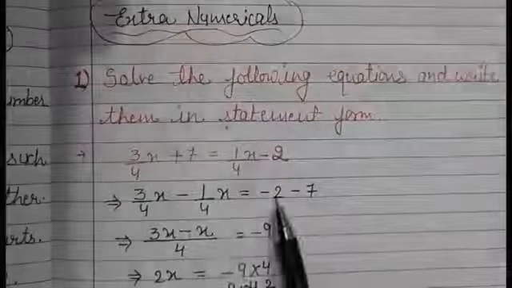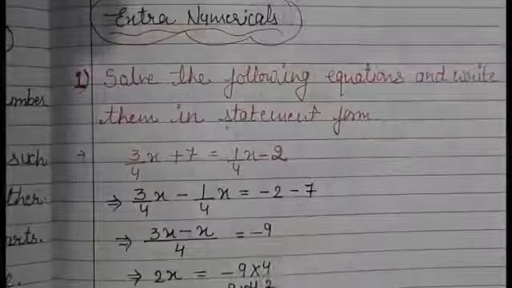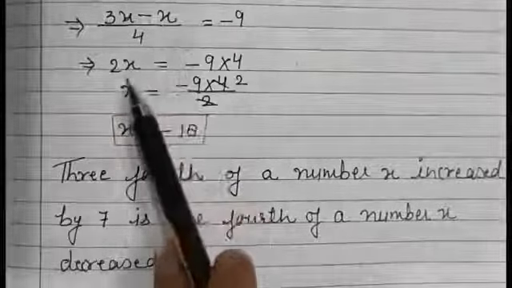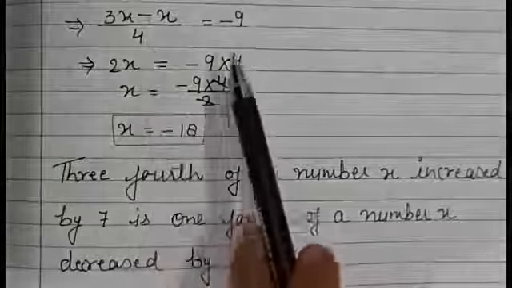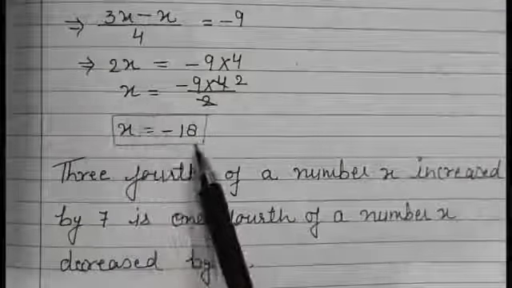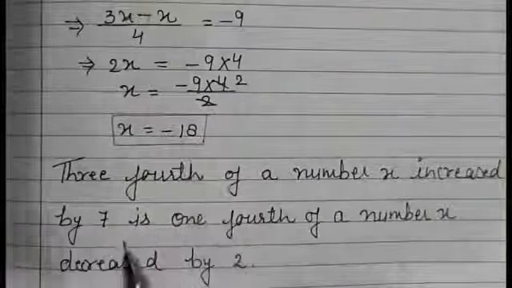Is equal to minus 2 minus 7, which is minus 9. 3x minus x is 2x. When we transpose 4 from left hand side to right hand side, we have to multiply. So the value of x will be minus 18 after solving the equation, right?